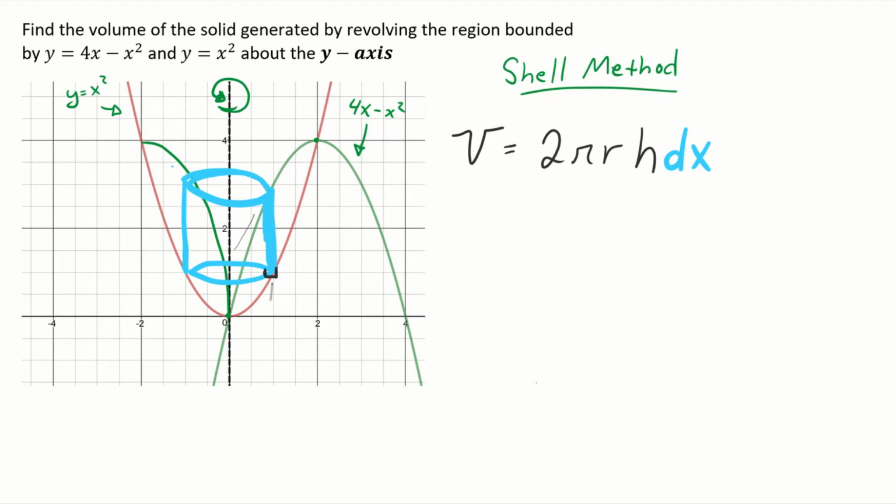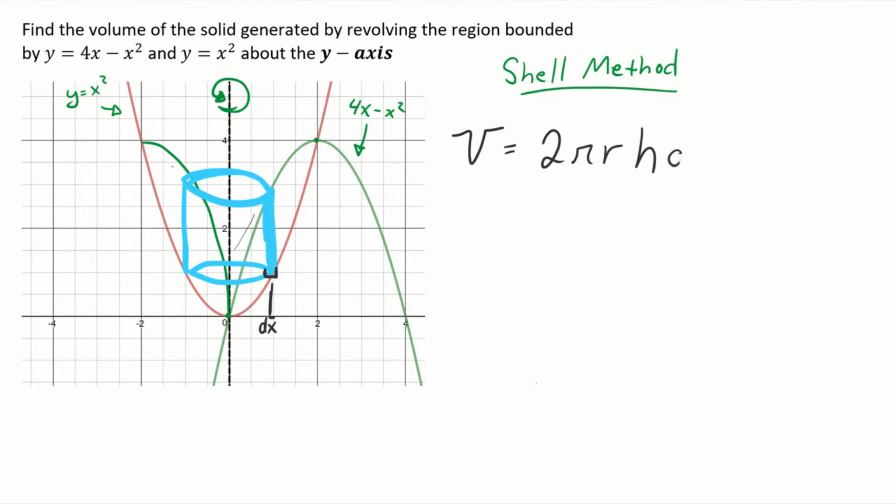For our calculus terms, that width, since I'm moving along the x-axis, is going to be dx, an infinitely small thickness. That way we can think about that surface area with just a little bit of thickness. Now it blooms into the volume of a really thin cylindrical shell.